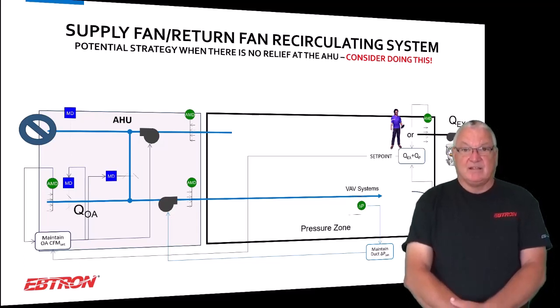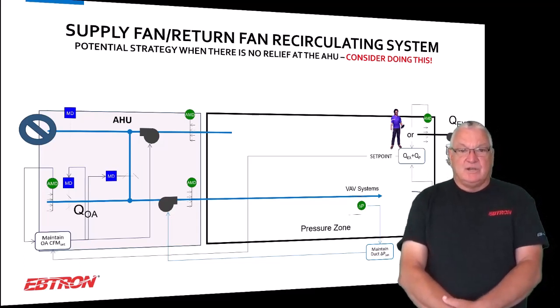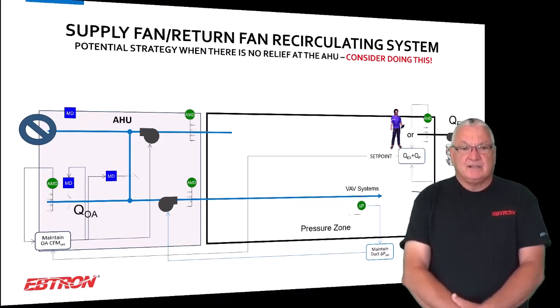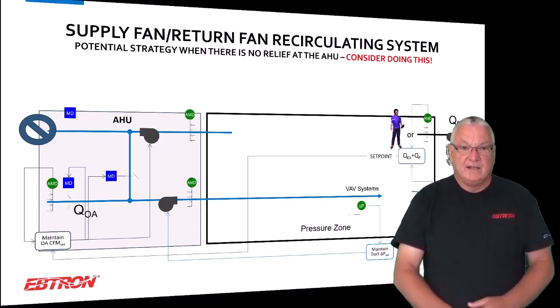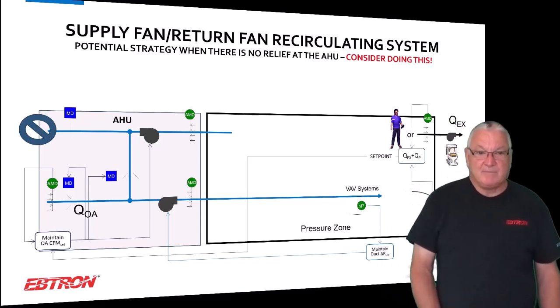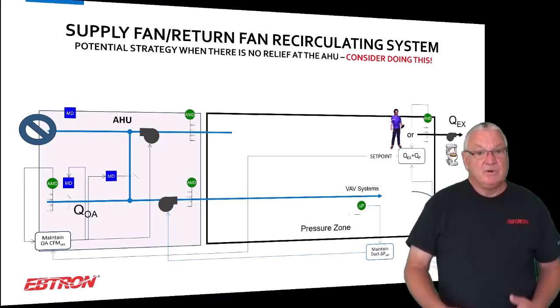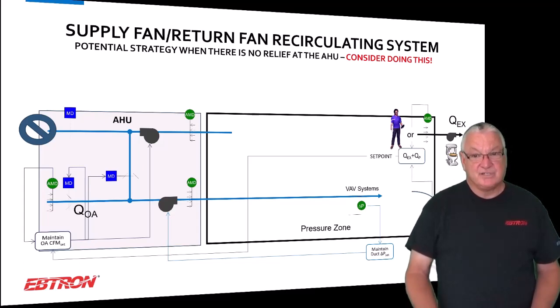You could do the math on that if you want. I'm not going to do it today, but basically, you make the return fan your friend, sequencing the outside air damper, the recirc damper, and the return fan to maintain your outside airflow set point, which, when you're not relieving air, is your pressurization flow set point as well, okay?